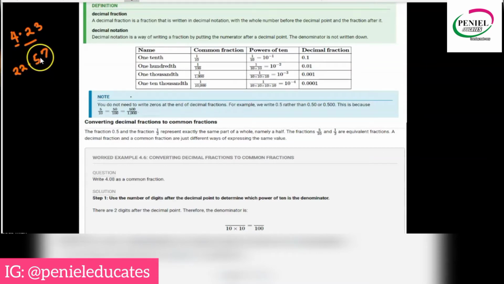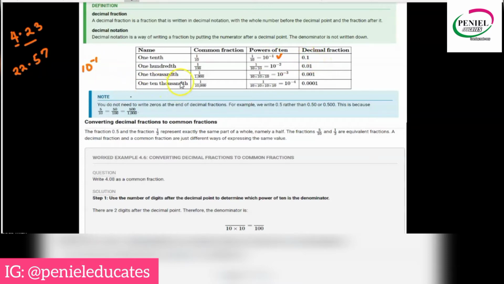All right, so the decimal notation is just a way of writing a fraction by putting the numerator after a decimal point. The denominator is not written down. For example, when you have 1/10, which is the common fraction, you can have it as 10 raised to power minus 1, and the decimal fraction is 0.1.